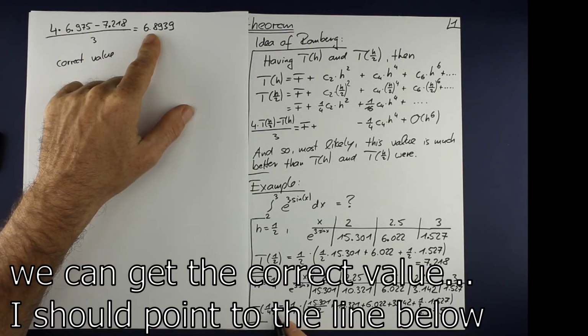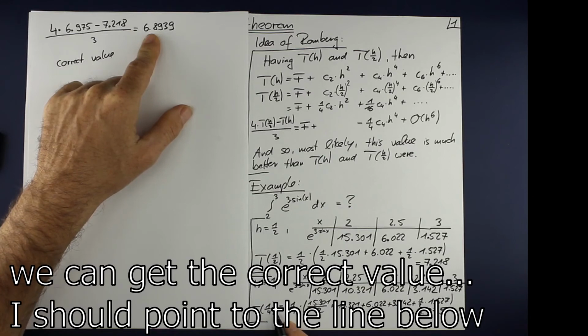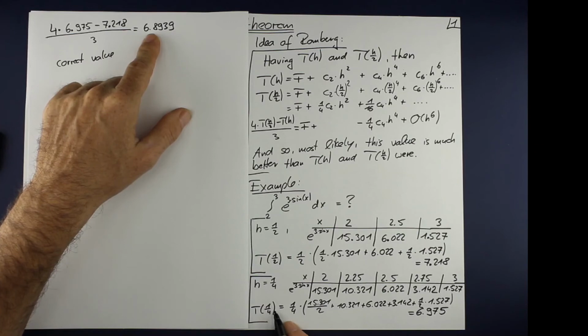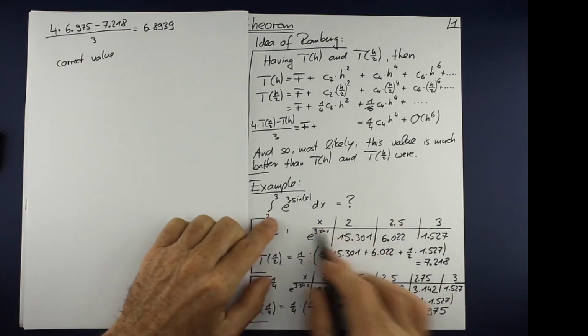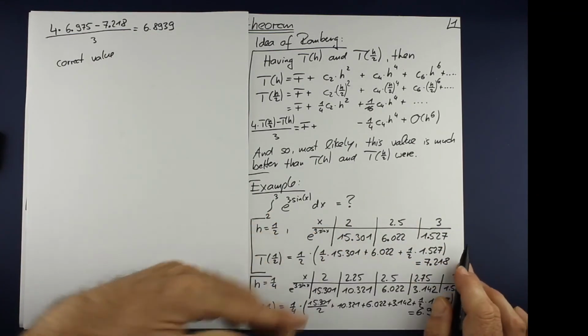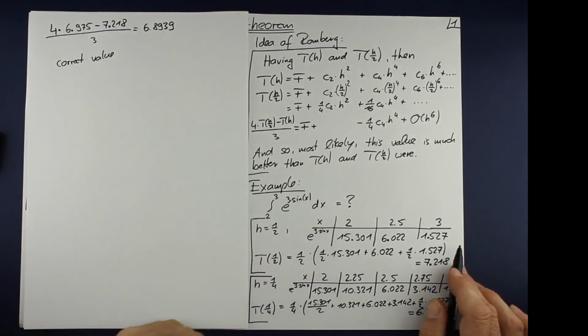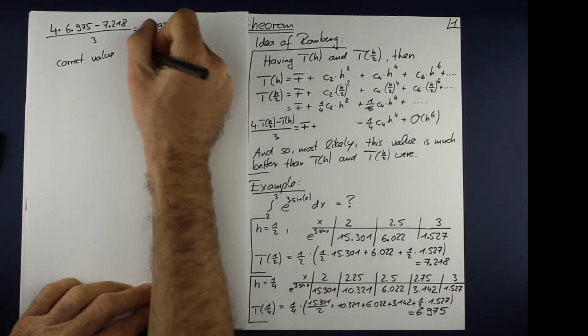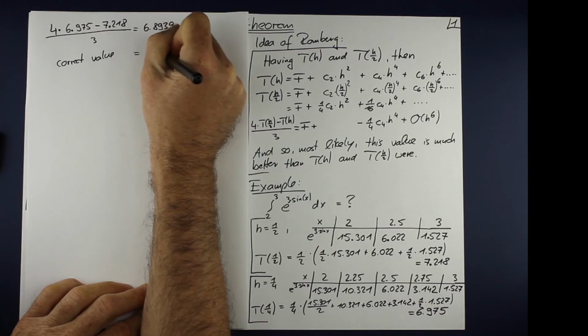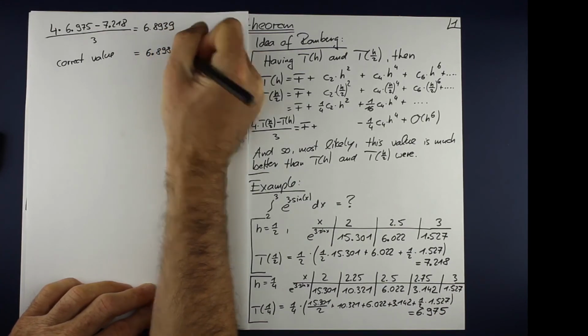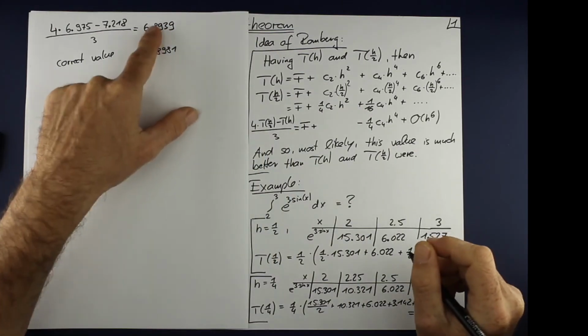We can get this value by asking Octave, the quad command, or we can get it by a very highly refined tabular, and then we apply trapezoidal or Simpson or whatever. And the correct value is 6.8981.